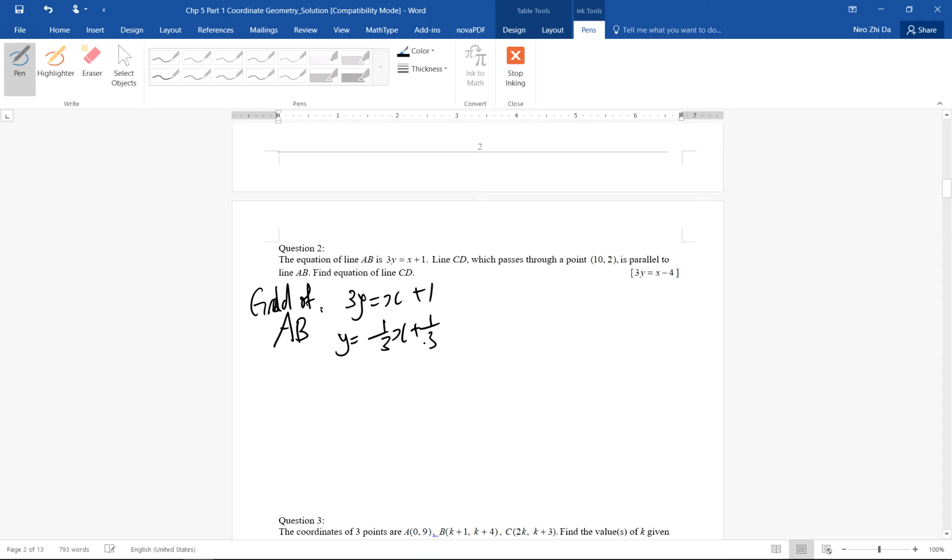Okay, now we already know one point which lies on CD, which is this. Hence, the equation of CD is basically (y minus 2) over (x minus 10) equals 1/3. Cross multiply.